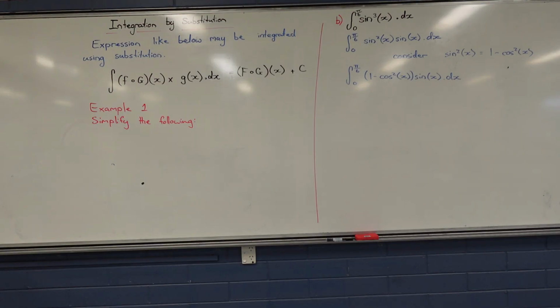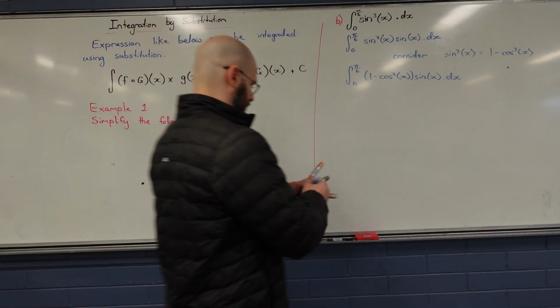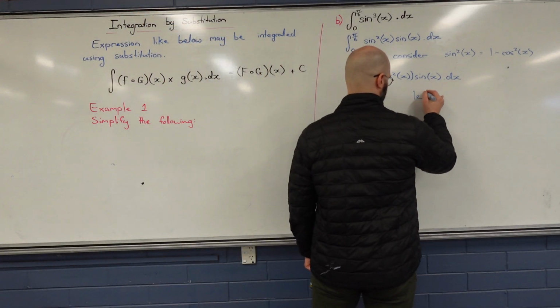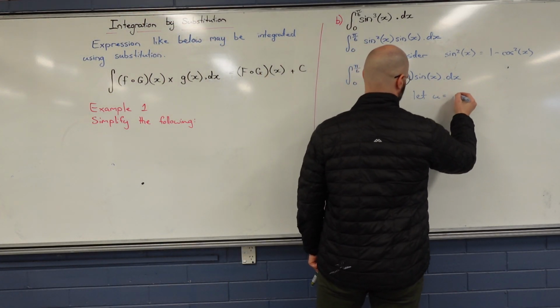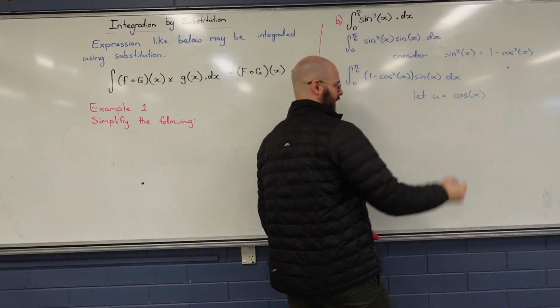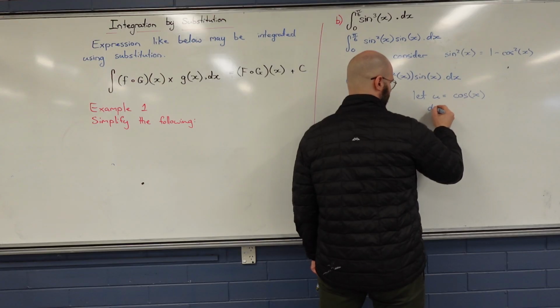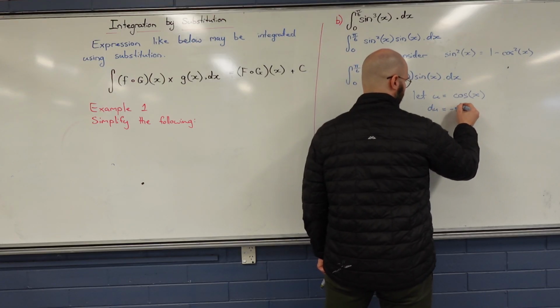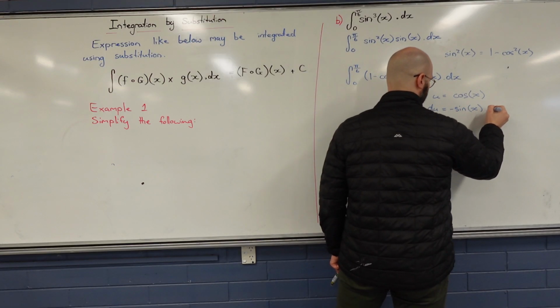What's the relationship between cosine and sine in terms of derivative? They alternate. Let u equal cos x, hence du is going to be negative sine x dx.